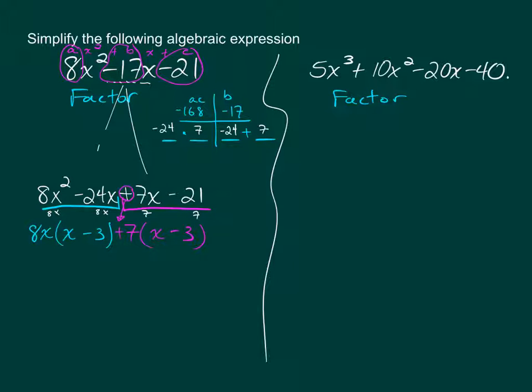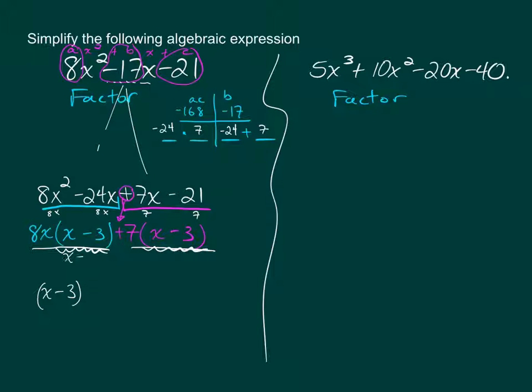Well, at this point, we have 2 terms. We have this one term in blue and this other term in purple. And they both share something in common, being the x minus 3. So we can just do this again. What do they have in common? That x minus 3?